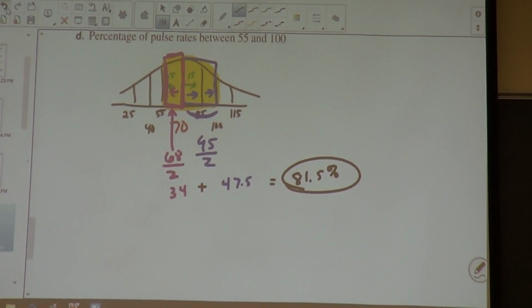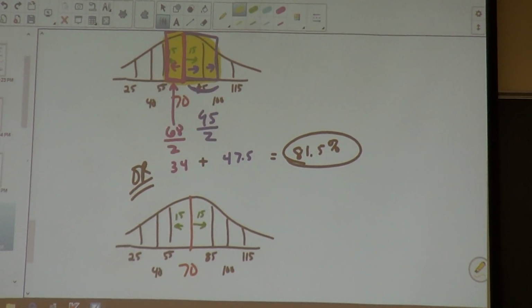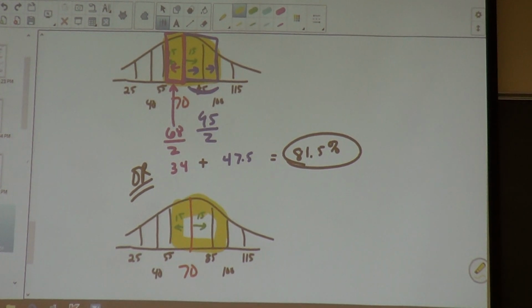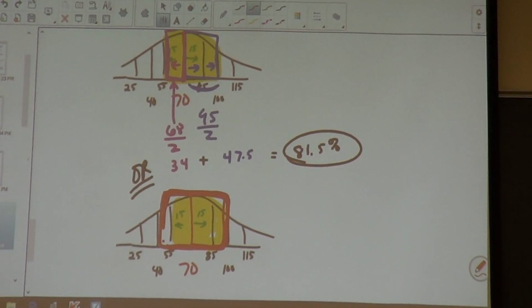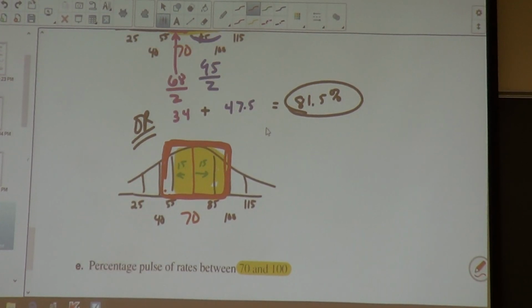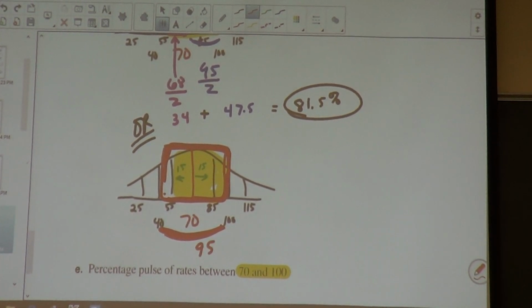Now, you could have done, like, what is this? What is that? That's 95. That's a full 95. So you could have done a full 95, and then this is minus a 68.